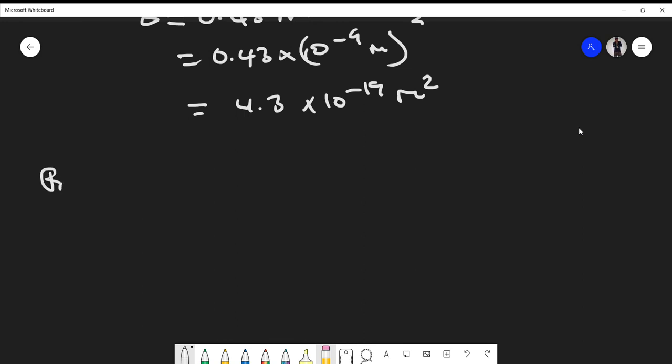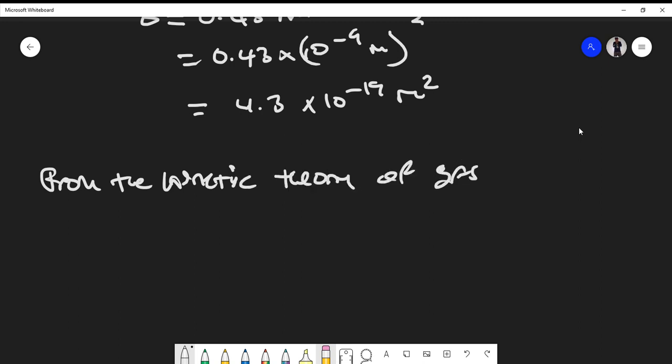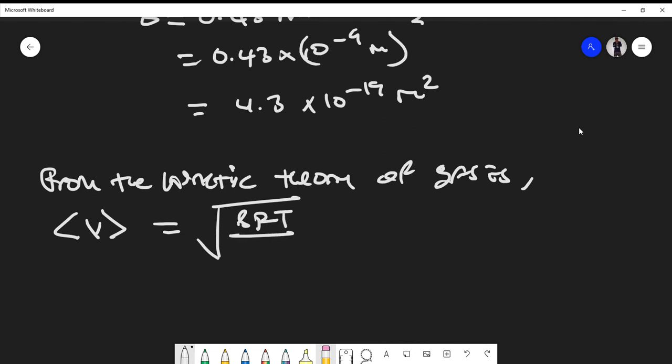We know from the kinetic theory of gases that V average is equal to the square root of 8RT divided by pi m, and this is from lecture 4.